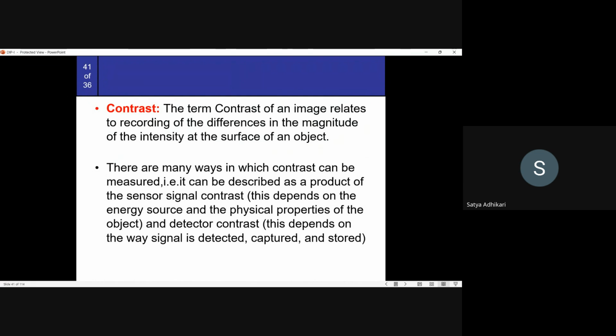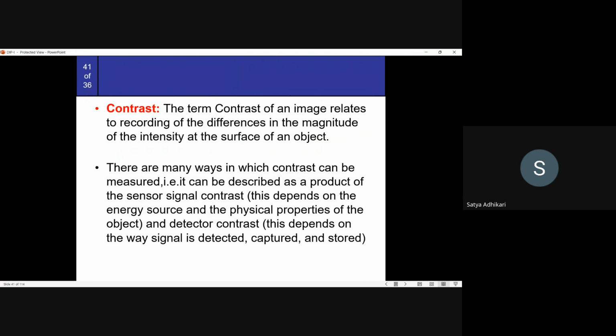The tone contrast is an image property related to recording the differences in amplitude of the intensity at the surface of an object. There are many ways in which contrast can be measured. It can be described as a product of the sensor signal contrast, which depends upon the energy source and the physical property of the object.